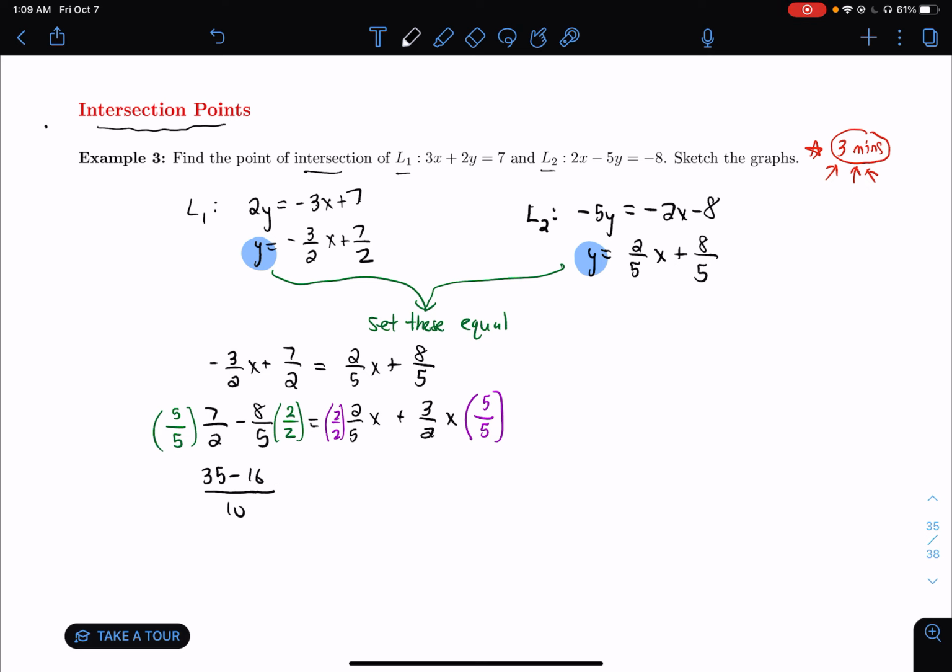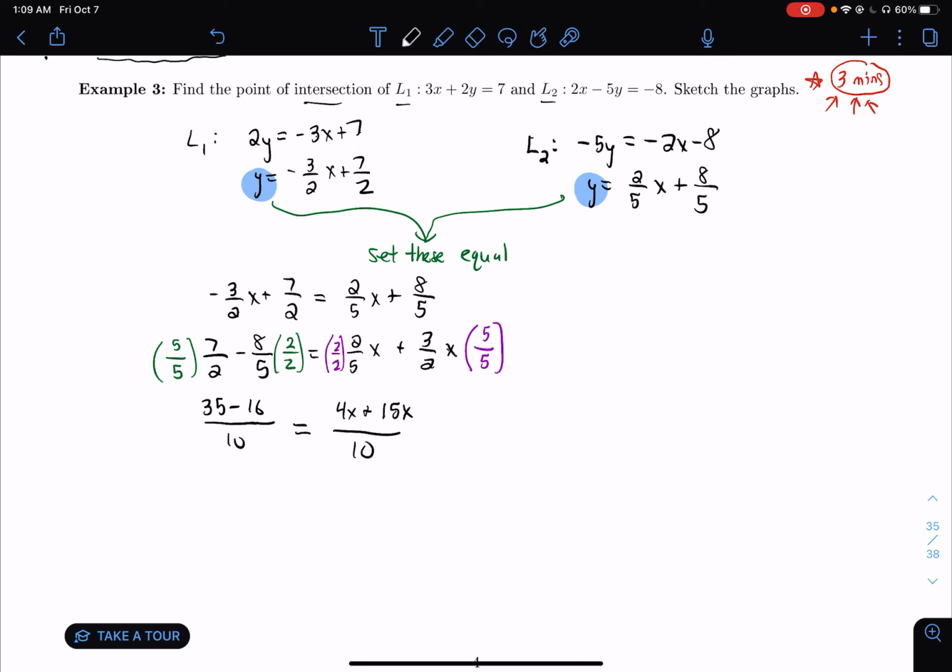So that's what I get on the left-hand side. On the right, my denominator is 2 times 5, which is 10. In the first fraction, multiplying the numerators, 2 times 2x is 4x. And then plus, in the second fraction, I get 3x times 5, which is 15x.